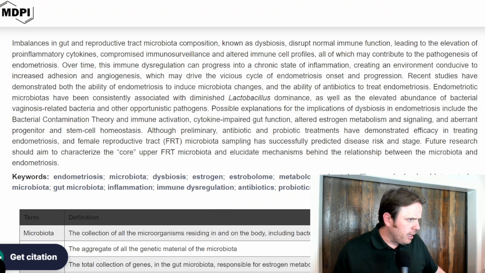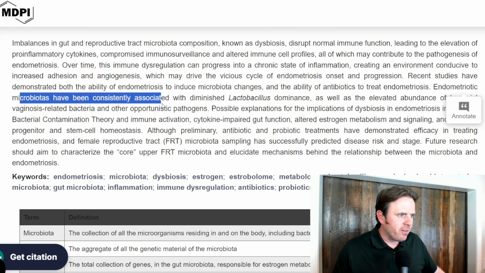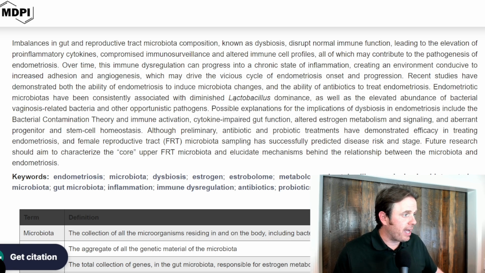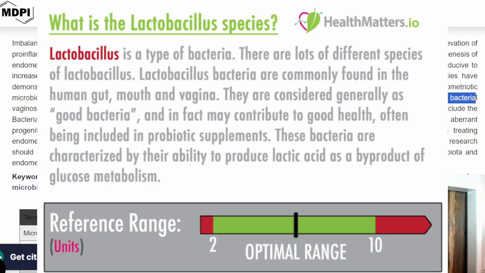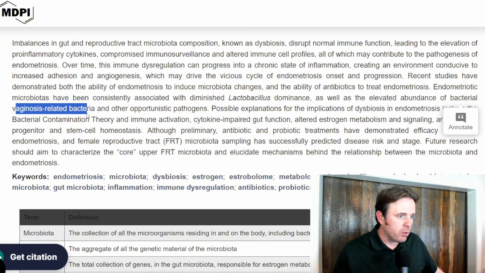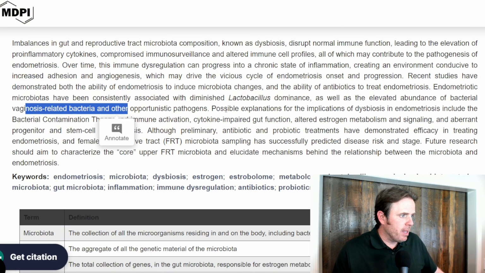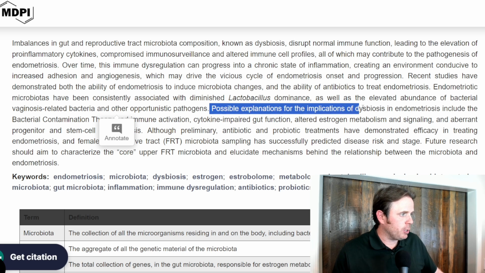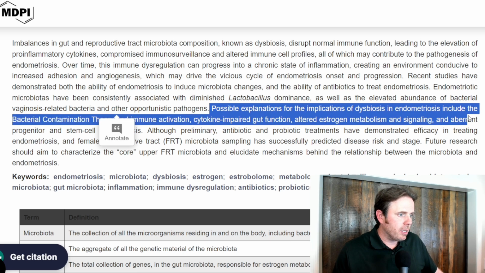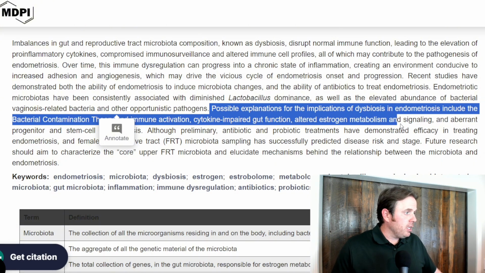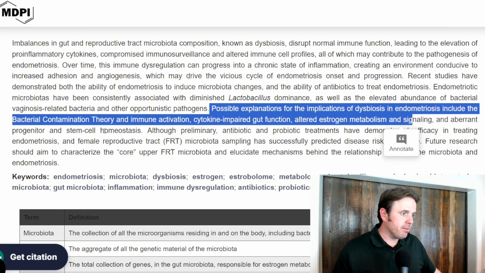And so they're looking at here, I want to make sure I hit this, endometriotic microbiotas have been consistently associated with diminished lactobacillus dominance. So that means low levels of lactobacillus, as well as the elevated abundance of bacterial vaginosis related bacteria. Usually that's going to be your Gardnerella type of bacteria. Possible explanations for the implication of dysbiosis in endometriosis include the bacterial contamination, immune, cytokine, gut, estrogen signaling, and aberrant stem cell homeostasis.